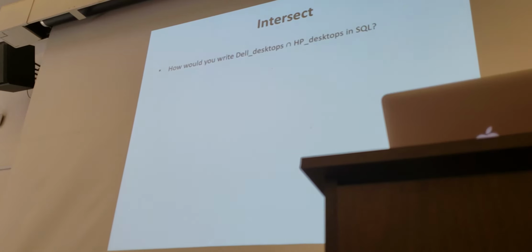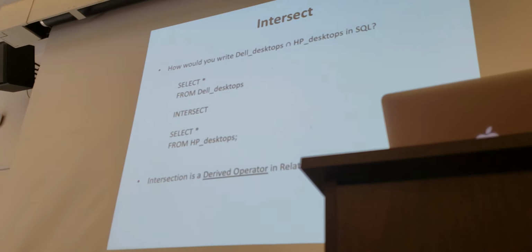How would you write it in SQL? Intersect in SQL eliminates duplicates. If you wrote intersect all, it wouldn't eliminate duplicates. But I make the following claim. I made it before, I'll make it again.